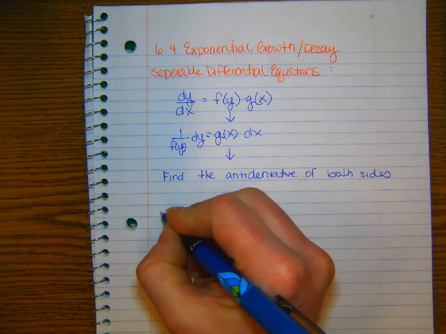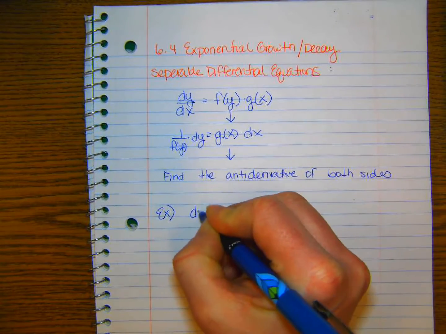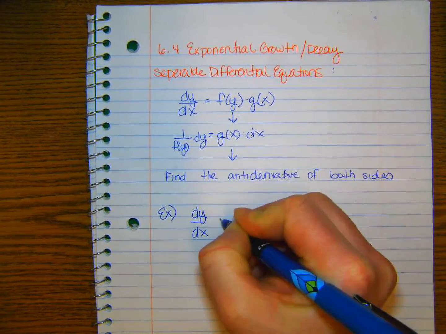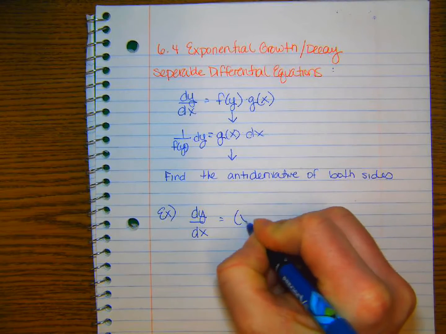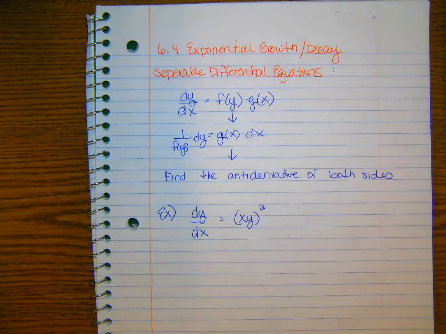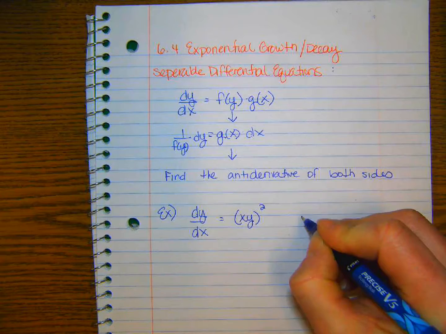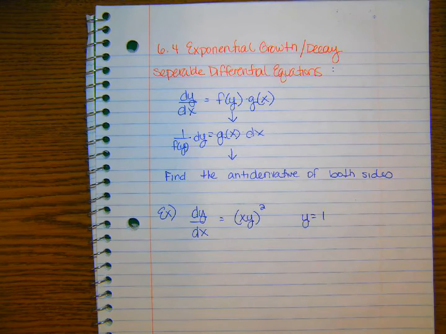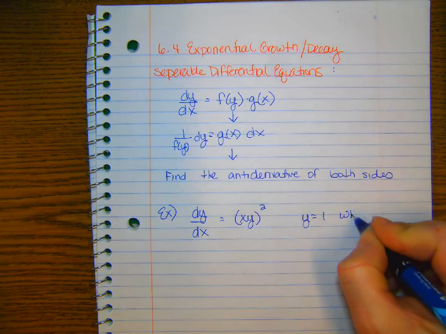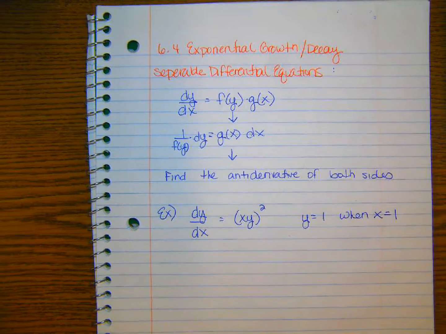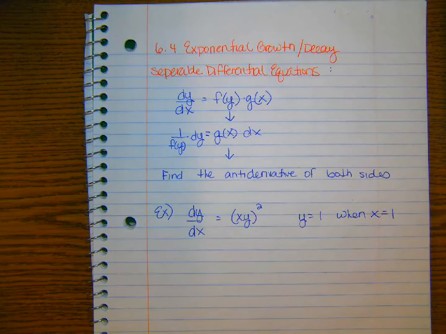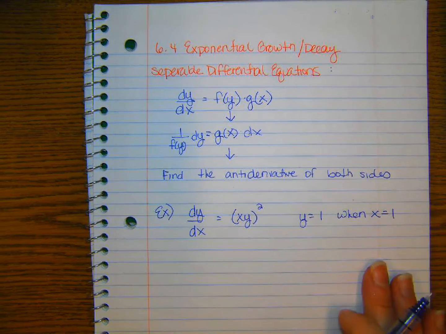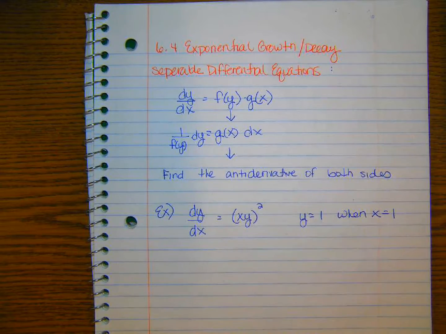So let's say for my example, I had dy/dx equals x squared y squared, and it contains the point y equals 1 when x equals 1. So then, this is x squared, y squared, agreed.